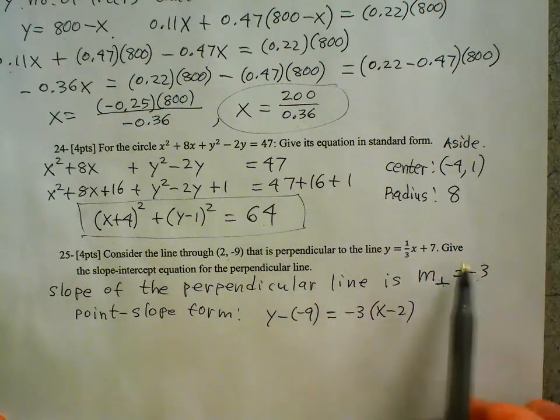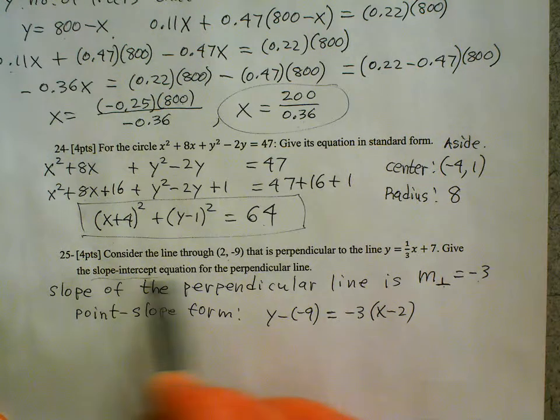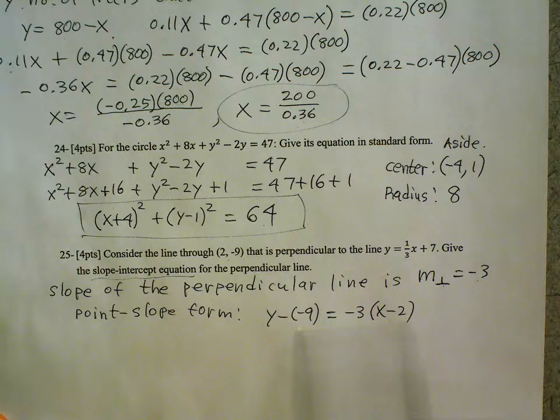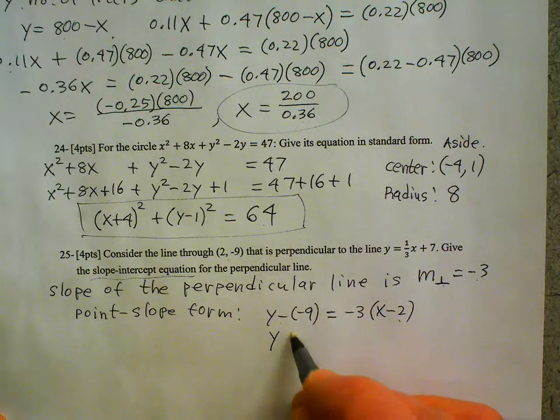The directions do say to get it into the y equals mx plus b form, slope-intercept. But to start with, we use the point-slope form, and now we'll just do a little bit of algebra and arithmetic. y minus -9 is y plus 9.